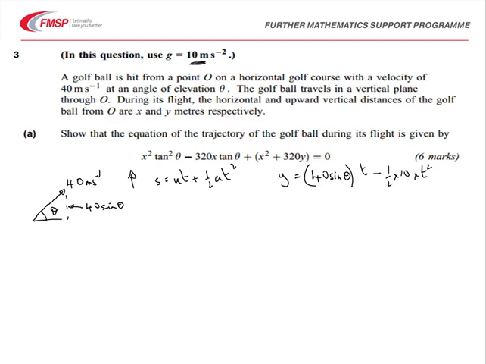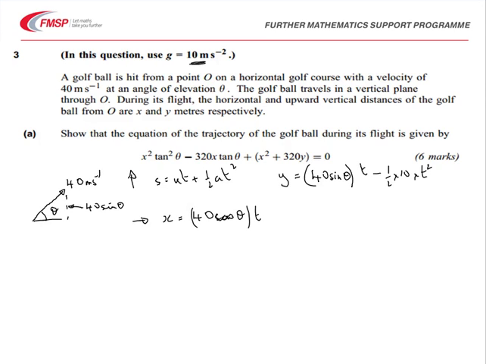If we look at the horizontal direction, this is constant velocity, so the x value will be equal to the velocity multiplied by time, and the velocity is 40 cosine theta multiplied by t.